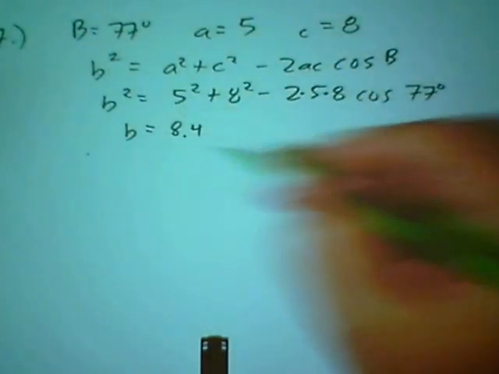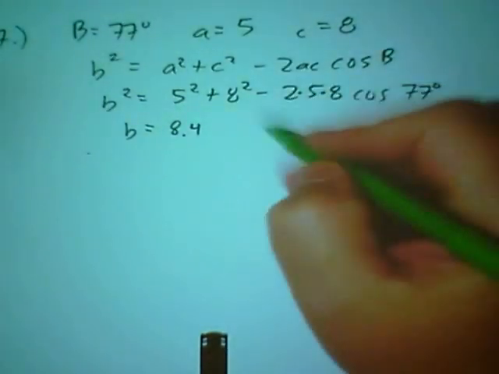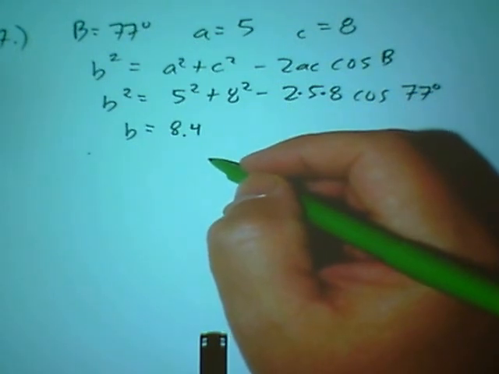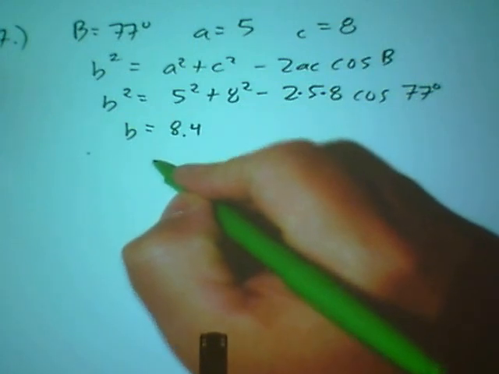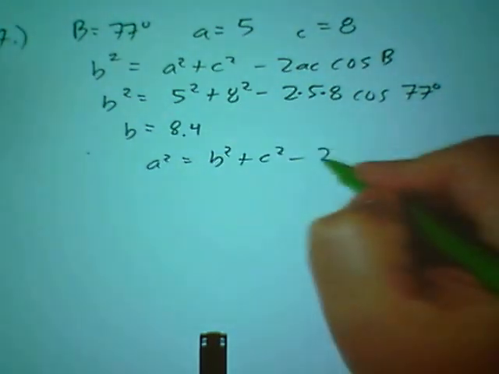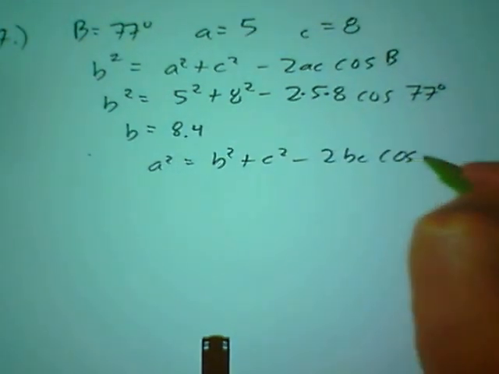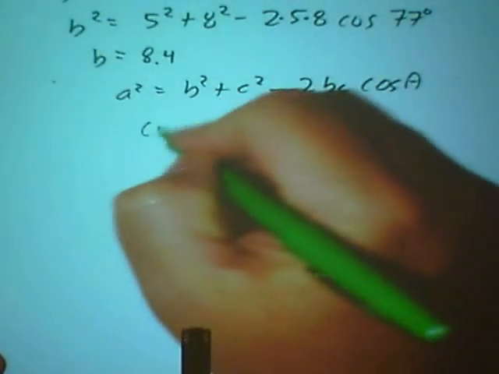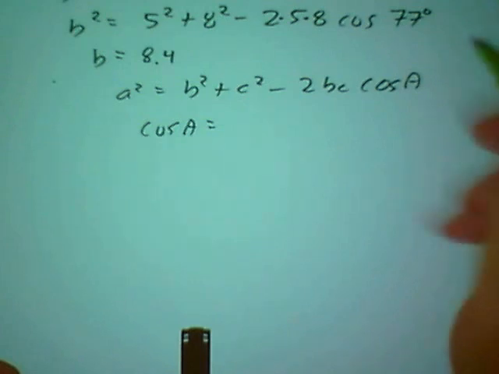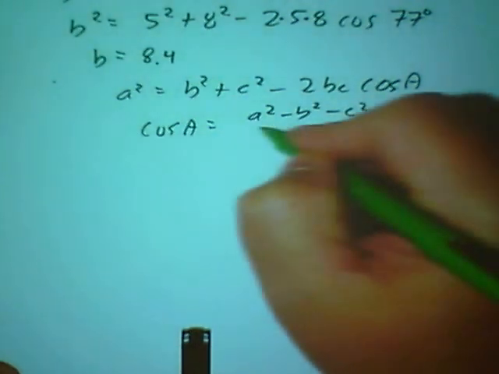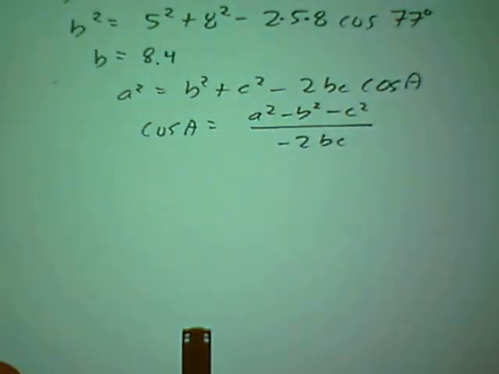Now, let's go find angle A. Safest thing is, if you're going to use the law of cosines, and you don't want to mess up, finish with law of cosines. So a squared equals b squared plus c squared minus 2bc cosine of A. I know everything here but the angle A. So cosine of A is going to be a squared minus b squared minus c squared over negative 2bc.